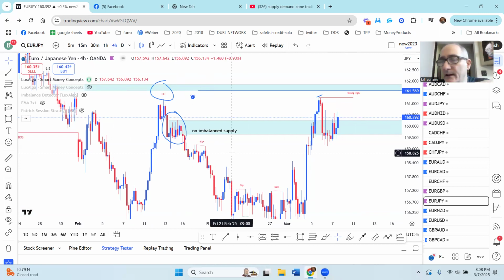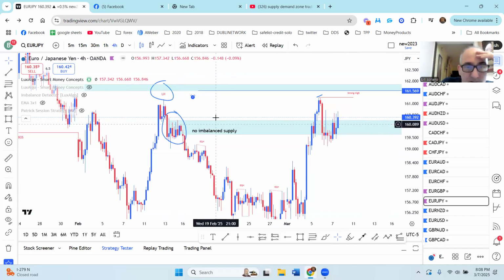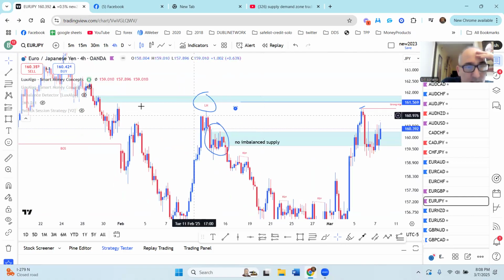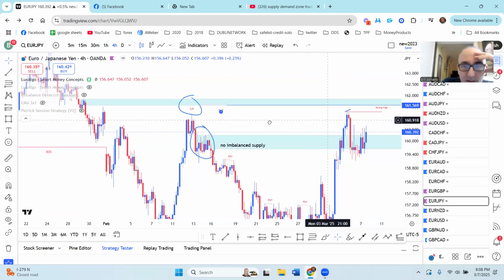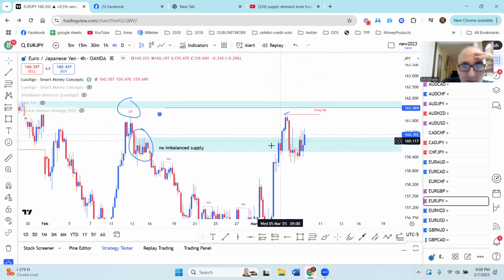There's no imbalances there. So there was really no imbalanced supply zone here. And really the imbalanced supply zone is all the way up here, which price never quite got to yet. So we shouldn't have looked to trade from this zone. Had we looked to get in a trade, it would not be in good shape right now.